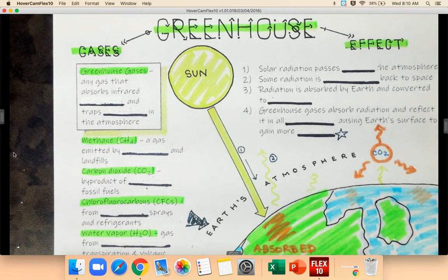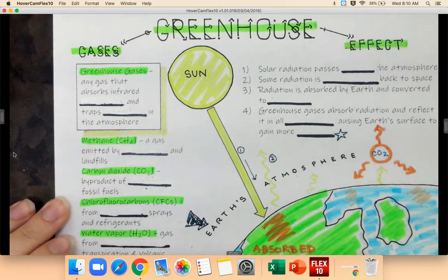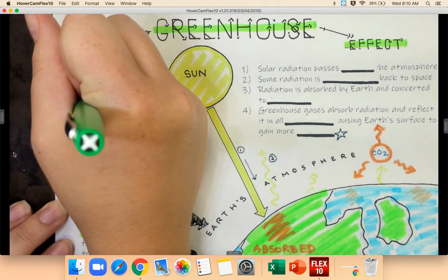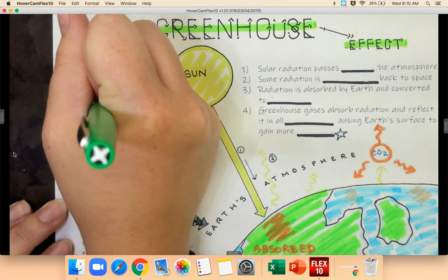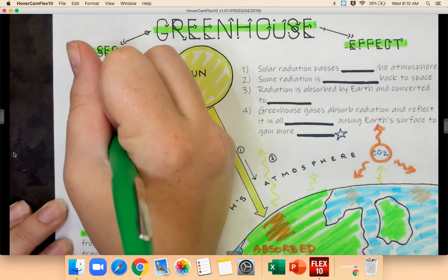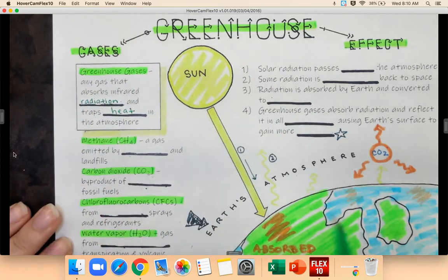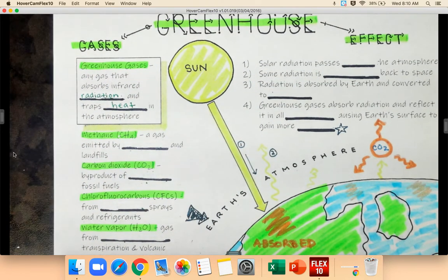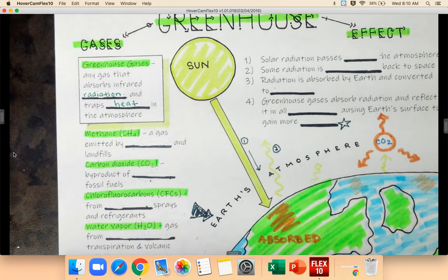A big part of climate change is this thing called greenhouse gases. Greenhouse gases are any gas that absorbs infrared radiation and traps heat in the atmosphere. There are several examples of greenhouse gases listed below, and we're going to go through them.